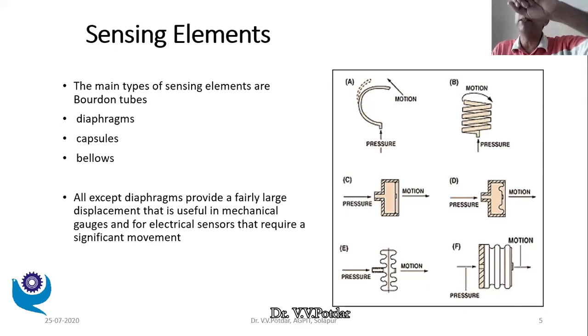Once the pressurized fluid is entering into this hollow tube, because of the pressure, it tries to open up, it tries to expand. As it tries to expand, its circle diameter goes on increasing. And in the process, you get angular motion at the free end. Now, the principle is the same. Your pressure is converted into angular displacement.